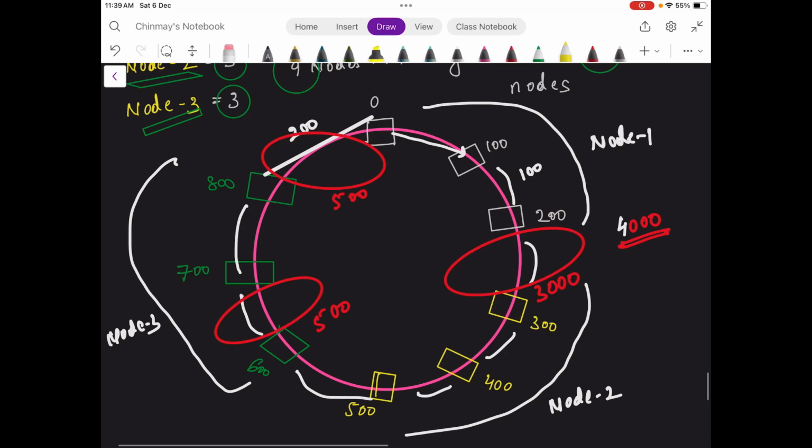That means while distributing the messages, if a node reaches its capacity, that message will automatically be forwarded to the next node to store.